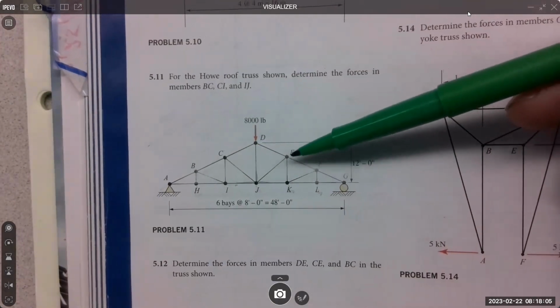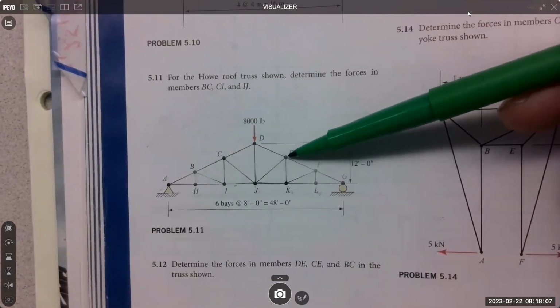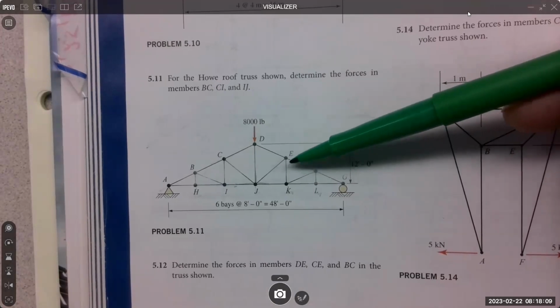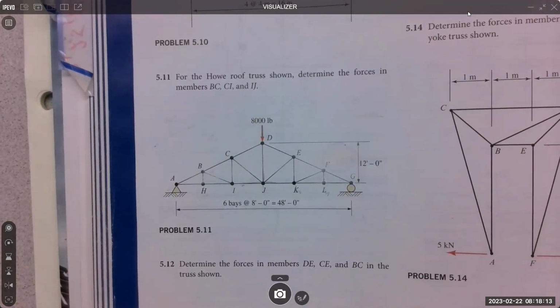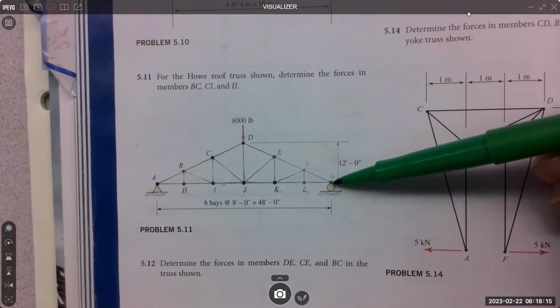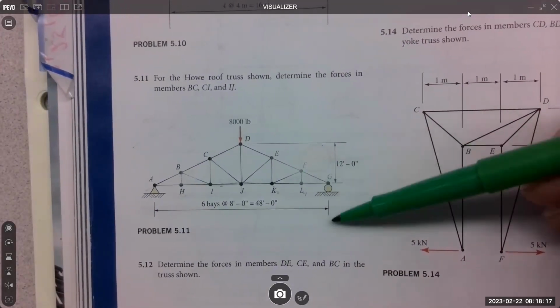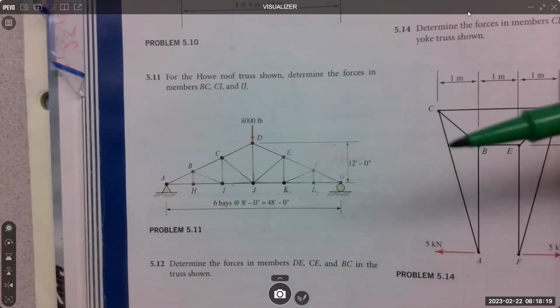How many unknowns at E? 1, 2, 3, 4, correct. Get it? How many unknowns at G? There'll be two once I figure out that reaction, right?